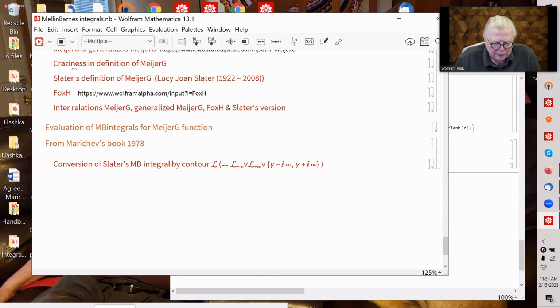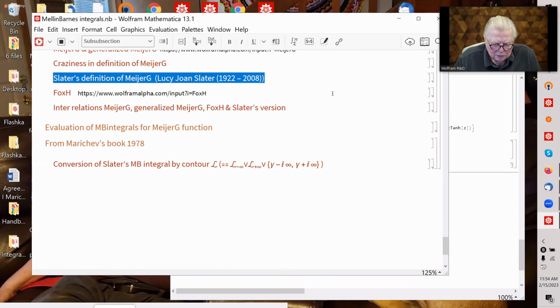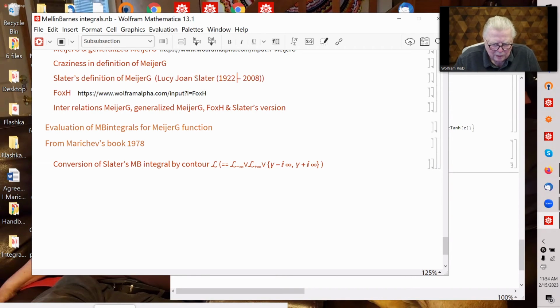By the way, I mentioned the life of Lucy Jean Slater, and the interrelation I talked about right now. How to evaluate this function.